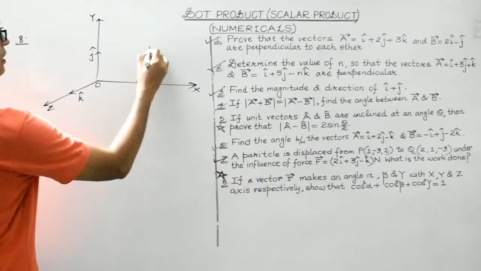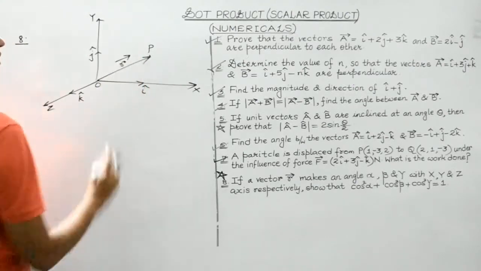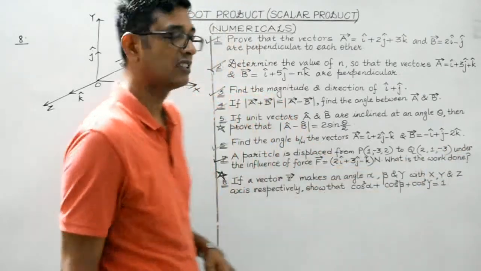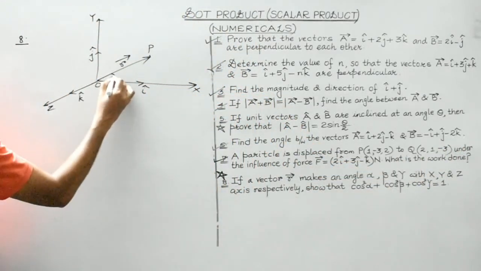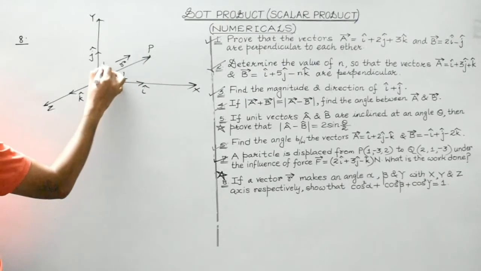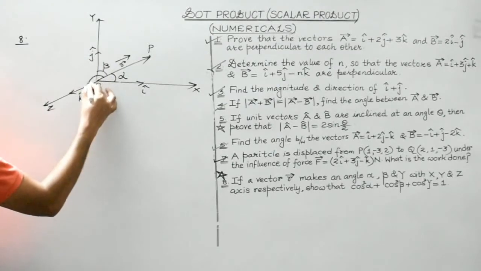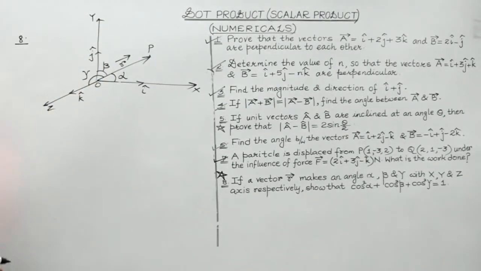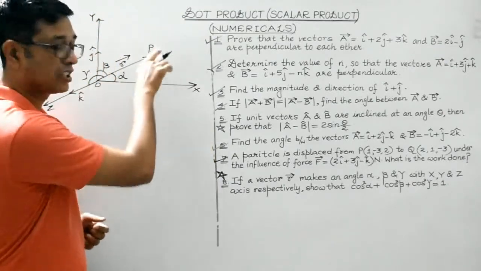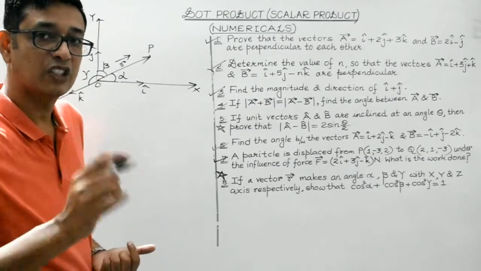Suppose this is point P and this is the r vector. It makes angles alpha, beta and gamma with the x, y and z axis respectively. Suppose it is making angle alpha with the x-axis, beta with the y-axis and gamma with the z-axis.